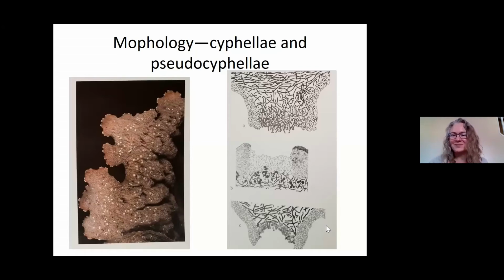You're welcome. So cyphellae and pseudocyphellae are something else that you'll see commonly in keys. What we're looking at here is the bottom side of a lichen called Pseudocyphellaria. The whole genus is named after the fact that the bottom side has these little polka dots. These polka dots are breaks in the lower cortex, or the lower skin, of the lichen.